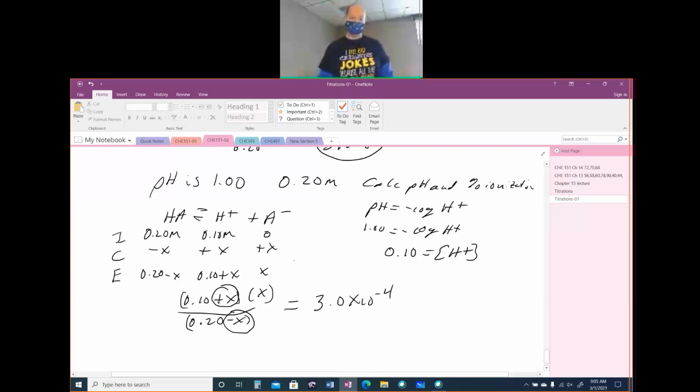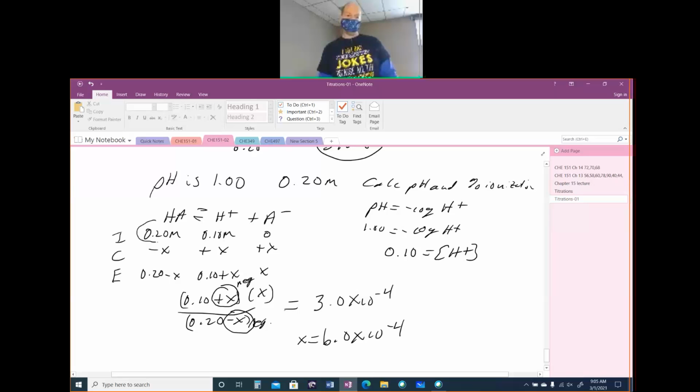You never have to check those. So you neglect. If you forget, you can check it. You'll get the same thing twice. Fine. It's just extra work that you don't need to do. All right, and so you get x is equal to 6.0 times 10 to the minus 4. And so when you add 0.10 plus 6.0 times 10 to the minus 4, it doesn't change it at all.